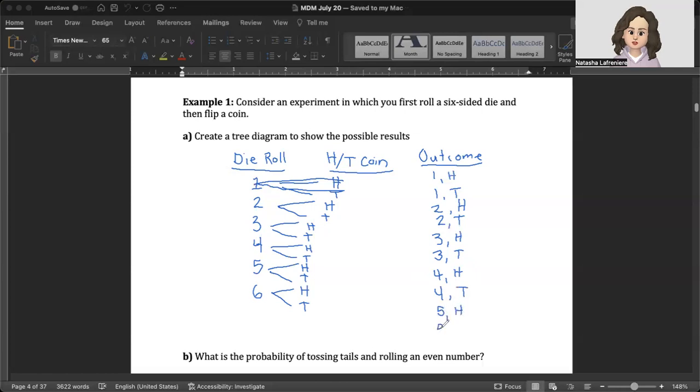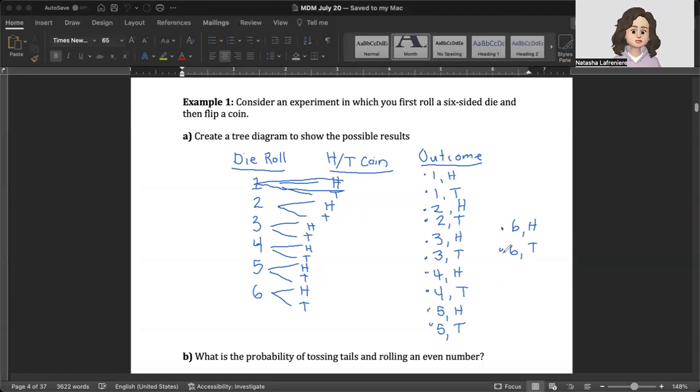And it keeps going. It's a little repetitive. And 6 heads and 6 tails. Okay. So those are your possible outcomes. So if you count them all, you've got 12 different outcomes that you can have.